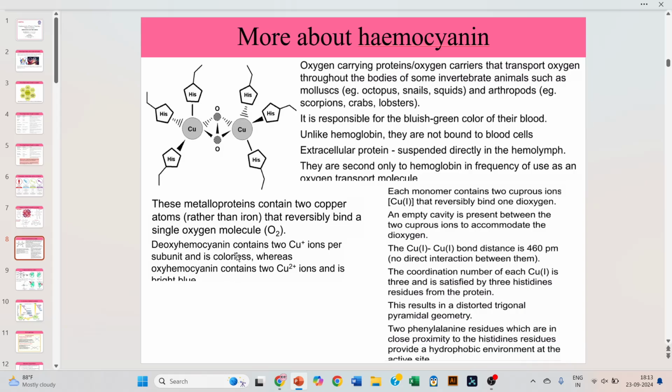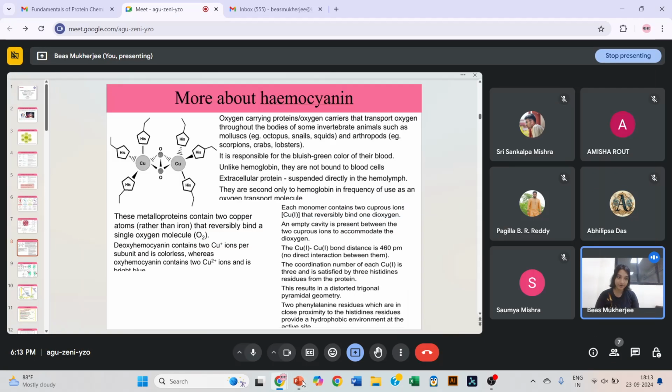Whereas when it binds to oxygen, it becomes blue in color. This is a very interesting thing that you must remember. Also, its oxidation state changes from +1 to +2. That is something you also need to remember.